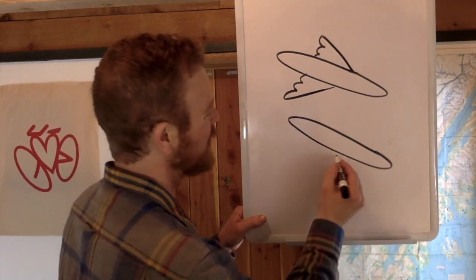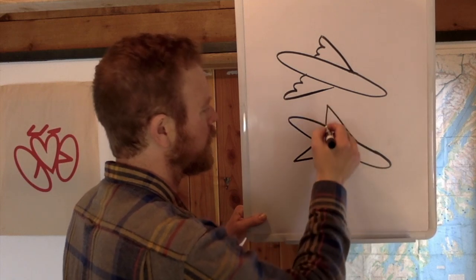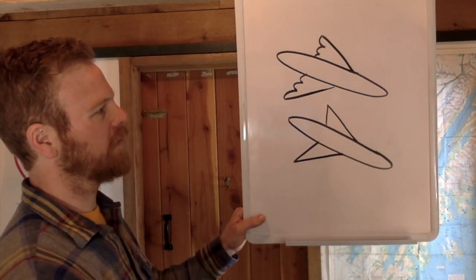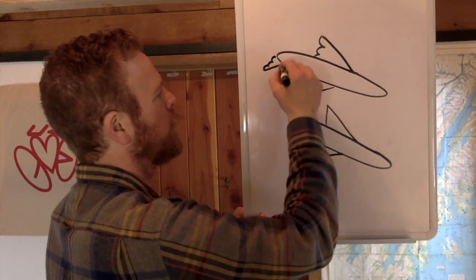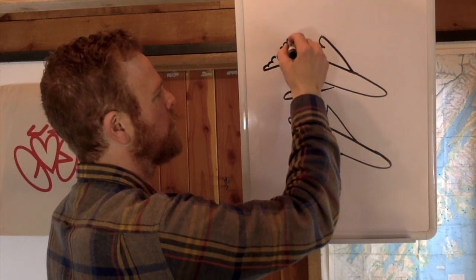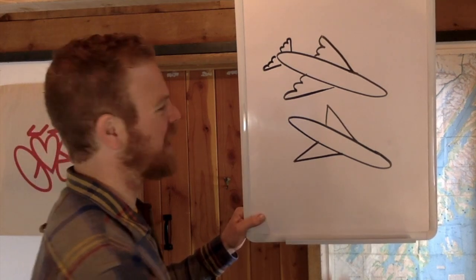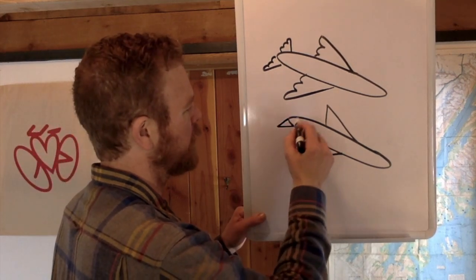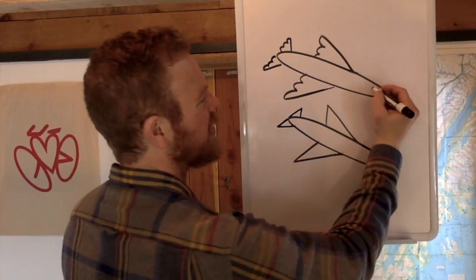Let's draw the wings. Now let's draw the tails. Remember, the airplane has straight lines. Some details.